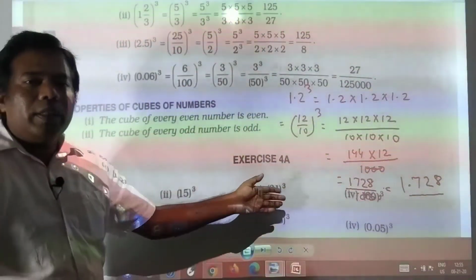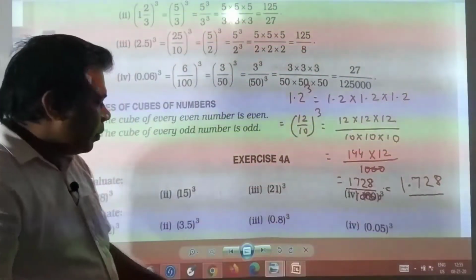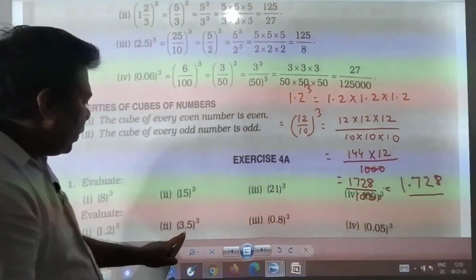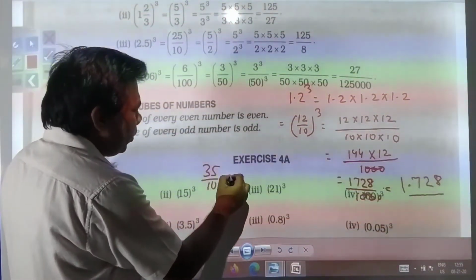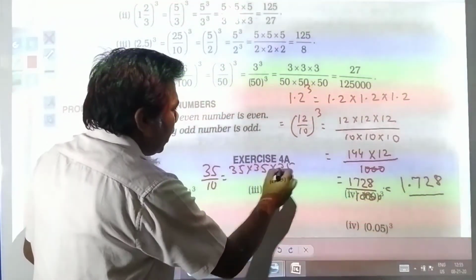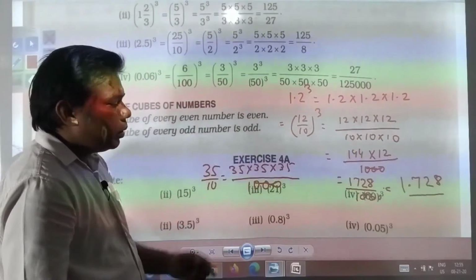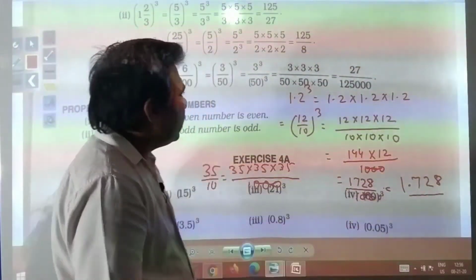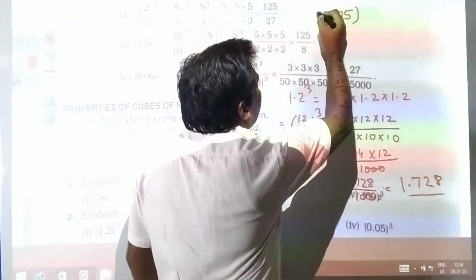So in this way you need to find out if decimal numbers are there. Again these will be required to be converted. 35 by 10. And then you find out 35 into 35 into 35, and here you will have simply 3 zeros, 1000. In the same way here you see, here you have 0.05 whole cube.